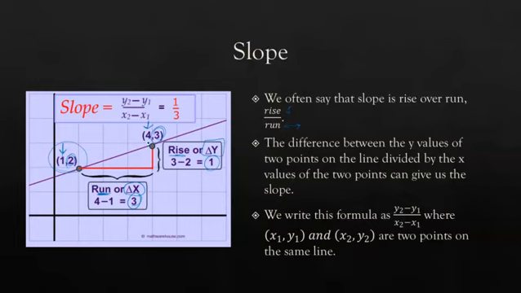And then we had a second point on the line, our (x2, y2). In this case, we used (4, 3). We then plug in those numbers, or our change in our y over our change in our x, and that gives us the slope. So all you have to do is take 2 points on the same line, and they don't even have to be right next to each other. They could be further away, and this formula would still work.